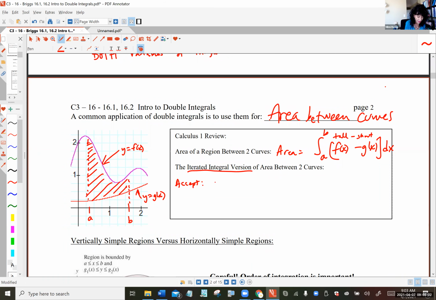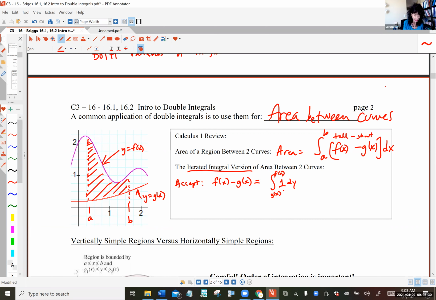That f of x minus g of x is actually the same as the integral of 1 with respect to y, where the limits of integration are f of x and g of x. Let's do this little integral just to prove to ourselves so you can accept it. This integral really does represent the difference between f of x and g of x.